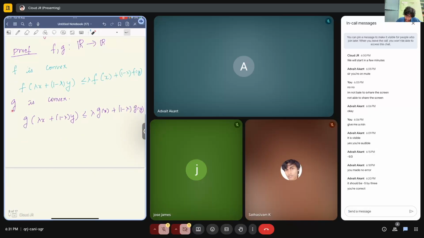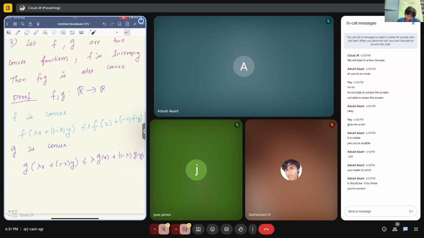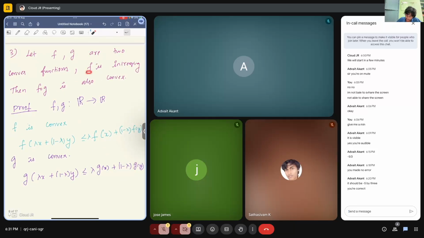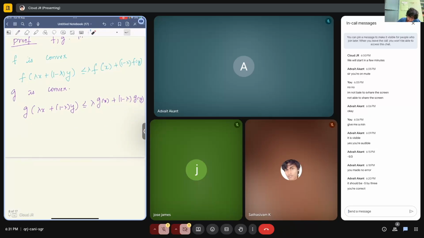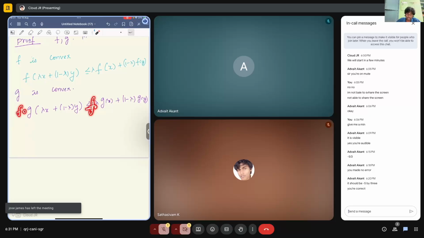Since g is convex, you have this property. But now what you know is that f is an increasing function. If I apply f to it, the inequality is preserved, because f is increasing.